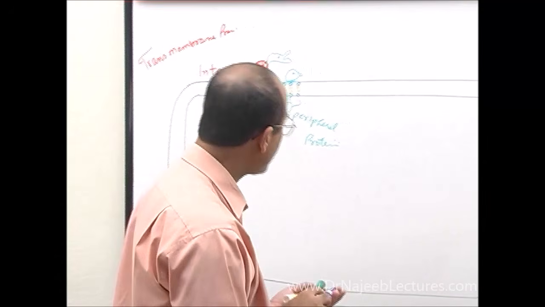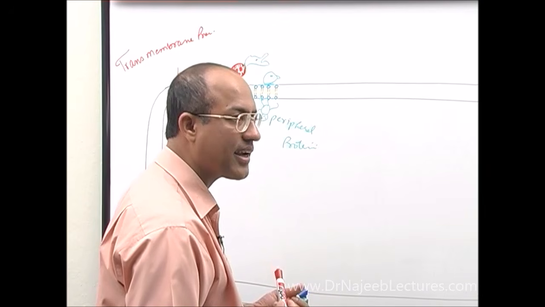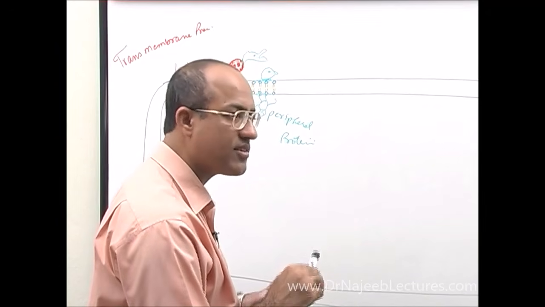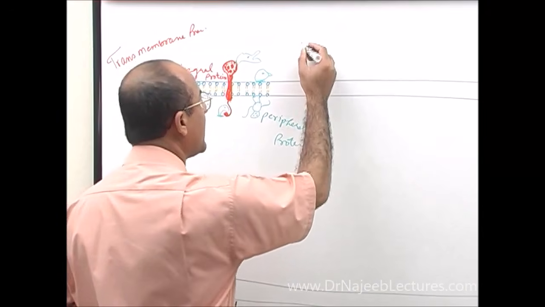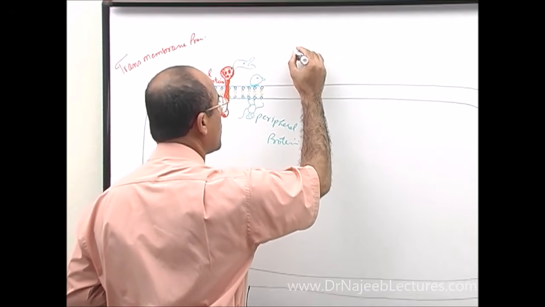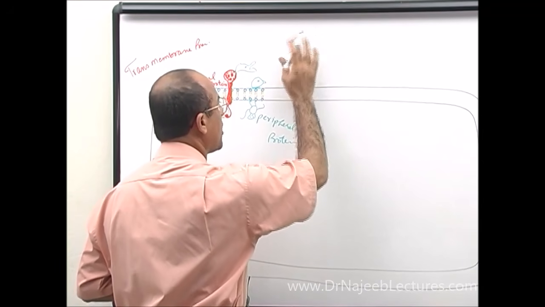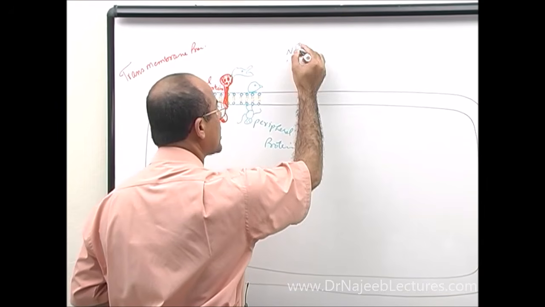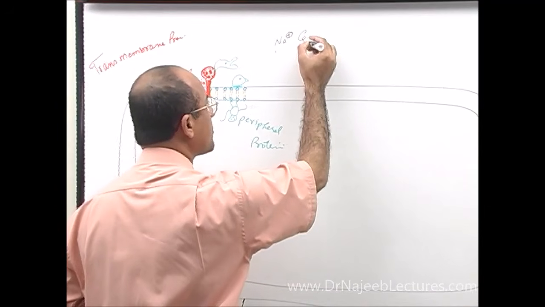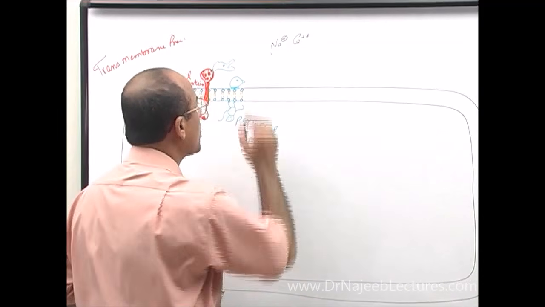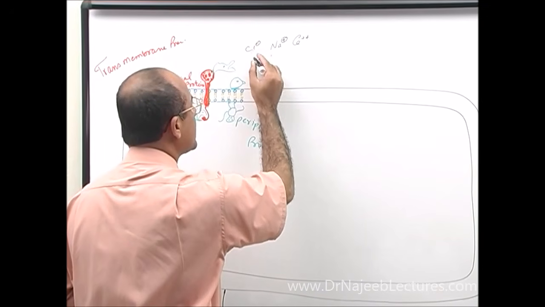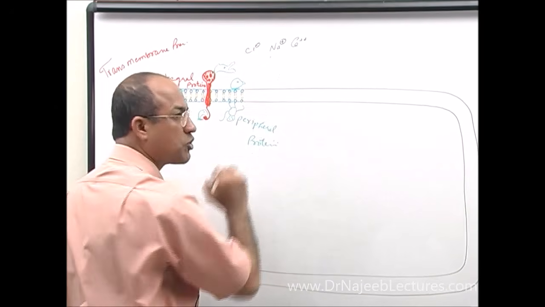Number one, as I told you in the beginning, those substances which are highly polar or very large, for example, even if small, sodium has a charge, or calcium has a charge, or chloride has a charge. These substances cannot diffuse through the membrane.